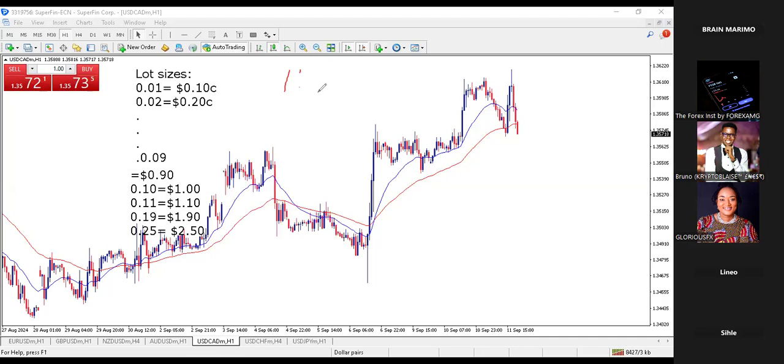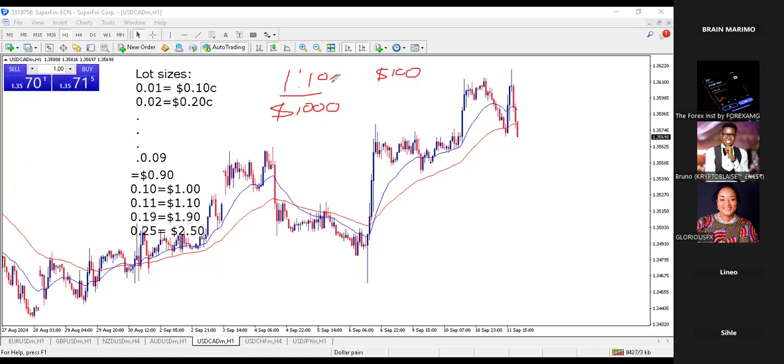Let's say we've got a leverage of 1 for 10. Let's say your capital is $100. With $100, you can open a position for how much? 10 times 100 is $1,000. So they're saying with just $100, you're able to open positions with $1,000.